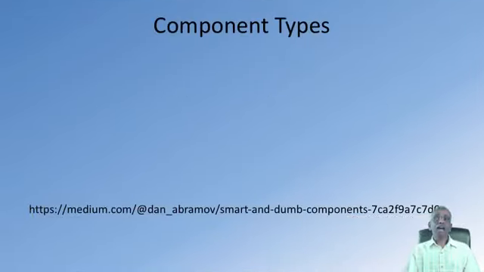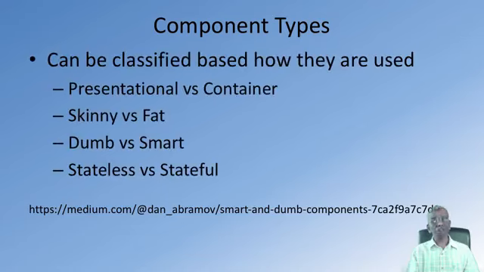Some people have informally classified the various kinds of components that we use when we implement our React application. For example, we can talk about presentational components that are purely responsible for rendering the view based on the props that they are passed in. And then you could have container components that simply make use of presentational components and pass props to them, and they are responsible for storing the state.